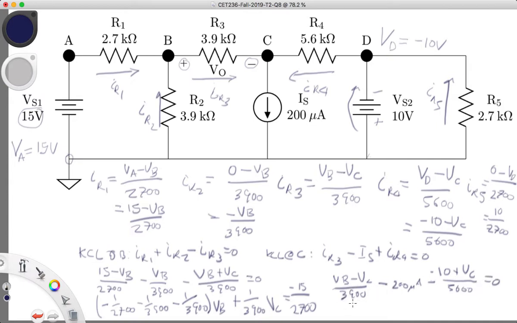So that means we've got 1 on 3900 VB plus minus 1 on 3900 plus minus, so minus 1 on 5600 VC, and that equals 200 microamps plus 10 on 5600.